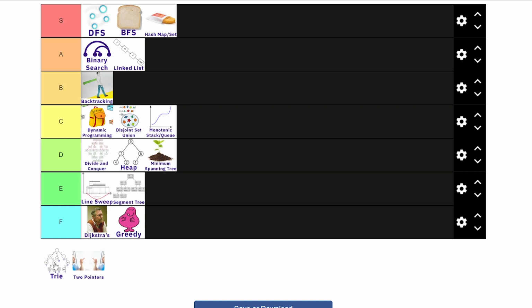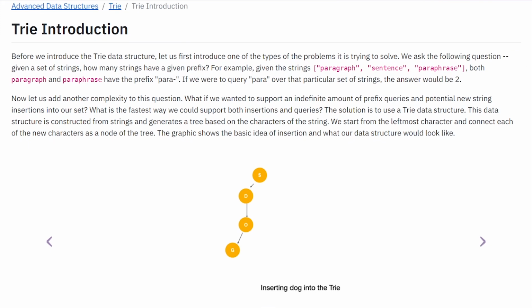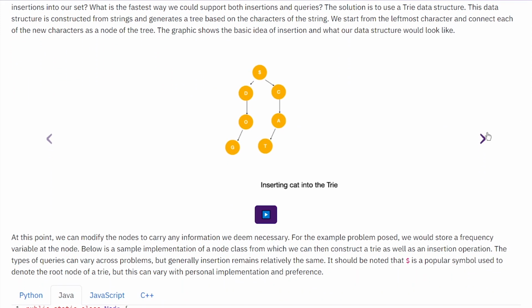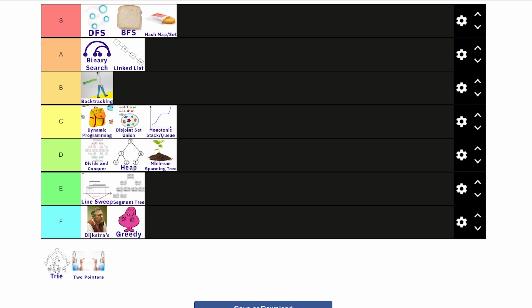The second last data structure that we have is the trie. The trie is also called a prefix tree, where we create a prefix of some words, and this way we're able to find whether or not a word exists in our dictionary really quickly. Of course, we could use a hash map, but what if I had more complicated queries?